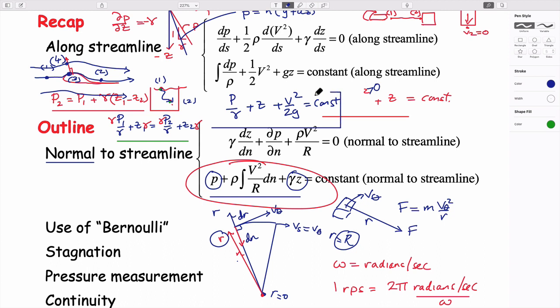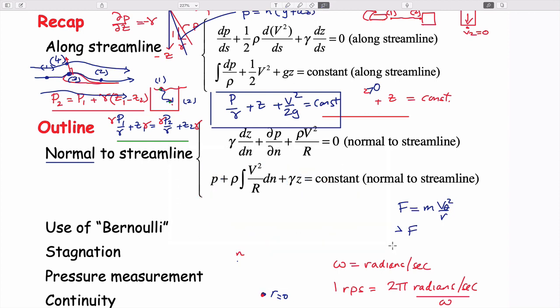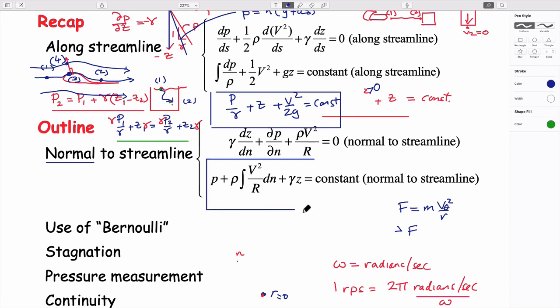And all we've really added today is a second standard result, which is written down here, this bottom one here, which is that we have a very similar equation. As I say, I always prefer to write it divided through by unit weight, just because it's easier.